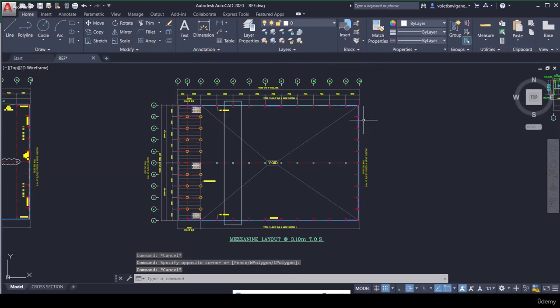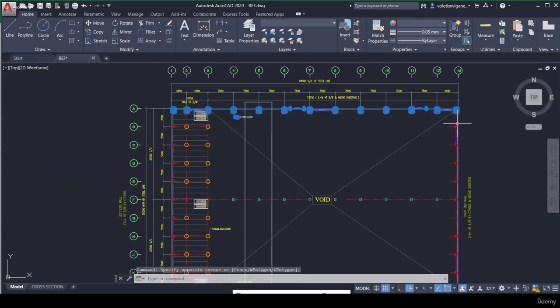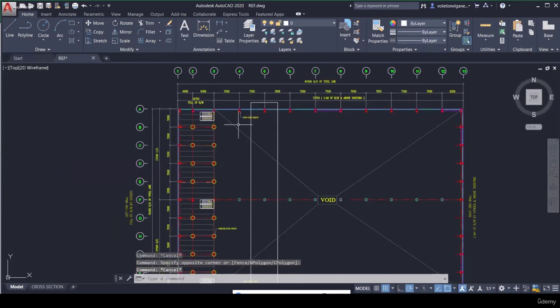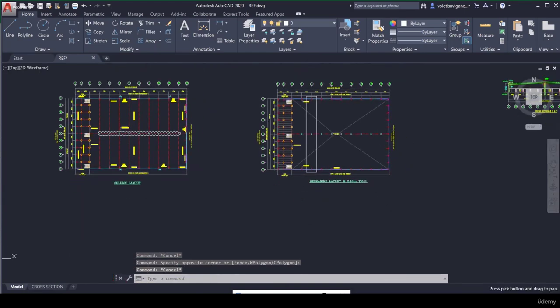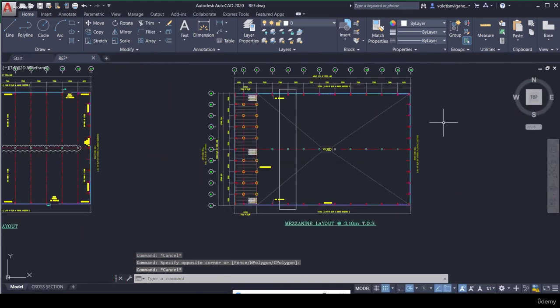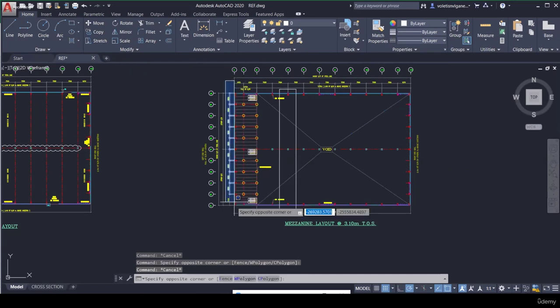This is the width I am talking about, this is the length. These are the walls, the perimeter of the building. So the walls along the length of the building are called side walls, and the walls along the width of the building are called end walls. These two are end walls and these two are side walls.